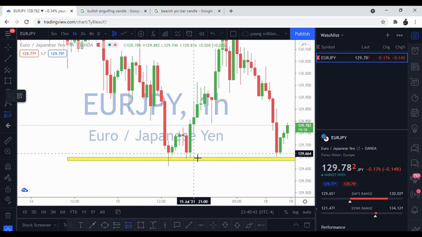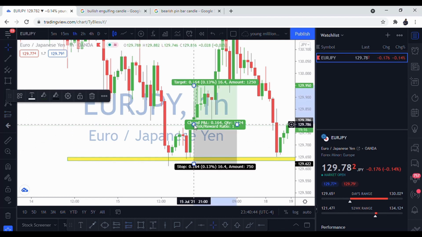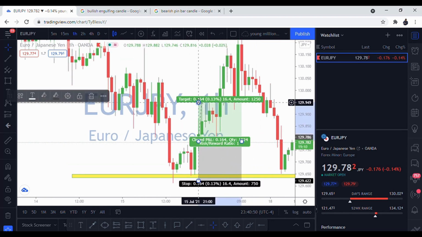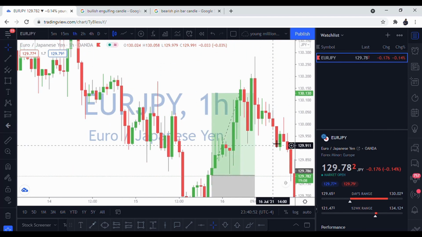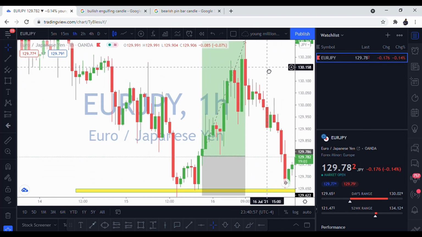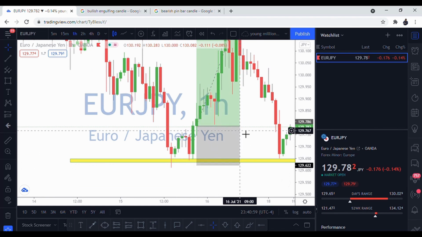Say enter right here, because there's a sort of low on that previous candle, and then you do your 1 to 3 or 1 to however. So that will be for the pin bar.